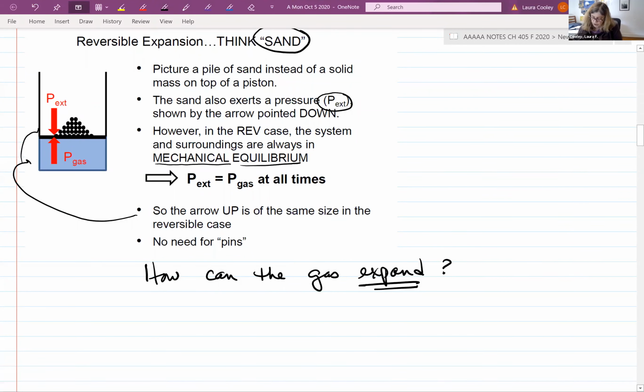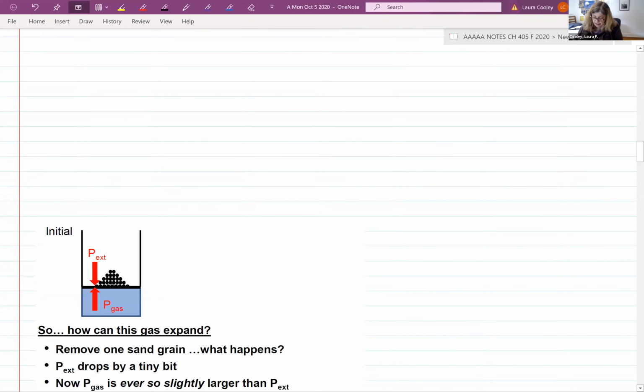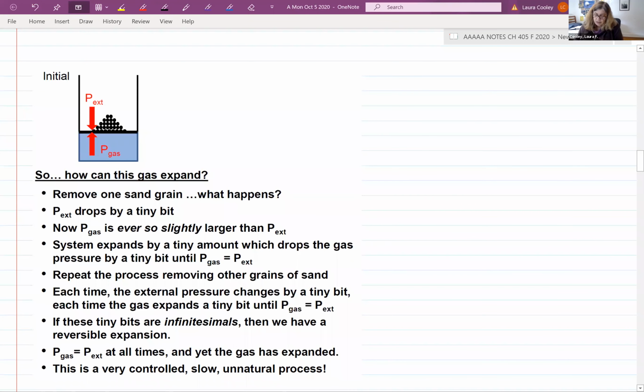Okay, so I'm going to show you, and this is why we have to think sand. Let's follow the procedure here, okay? So I take 1 grain of sand away, just 1 grain. What happens? The external pressure drops by a tiny bit. In a real reversible process, that's an infinitesimal, a dP, okay?